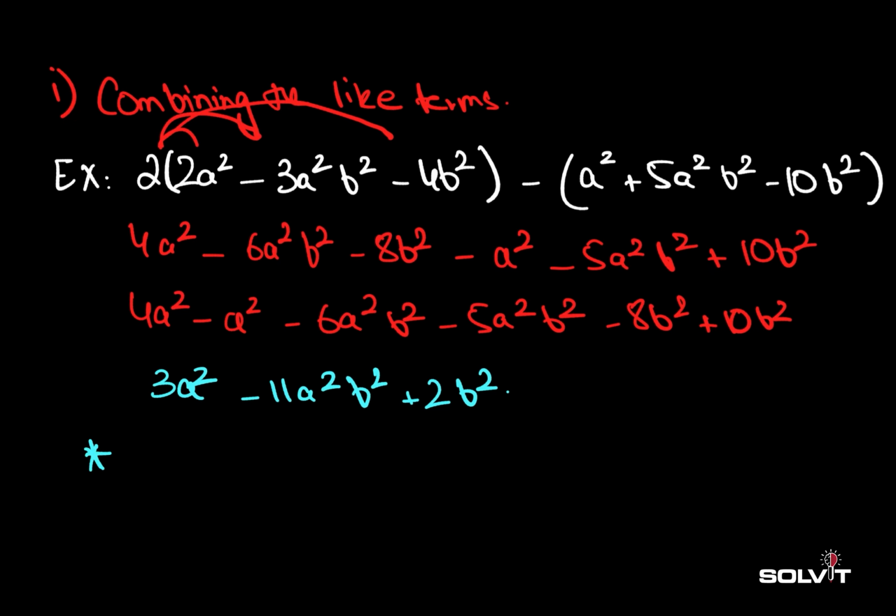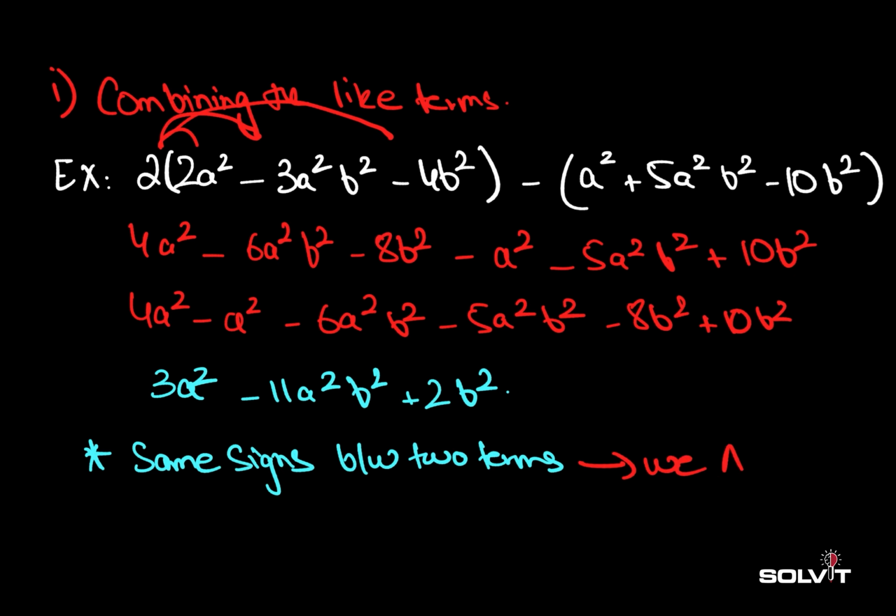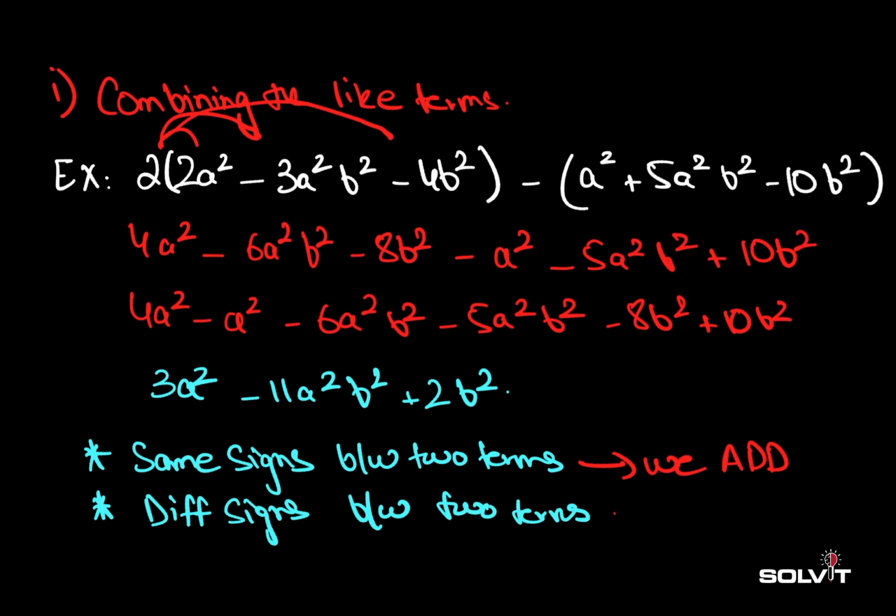The first thing that we need to see about algebra is that whenever there are same signs between two terms, we add. Whenever there are different signs between two terms, we subtract.